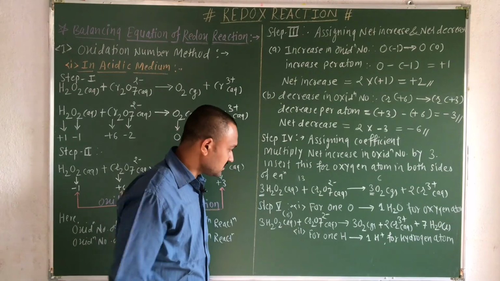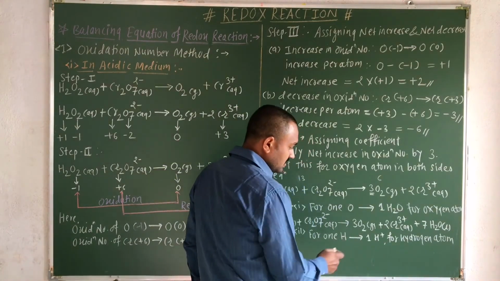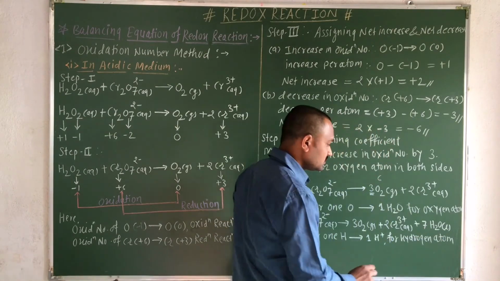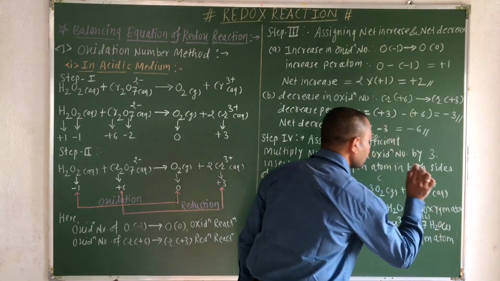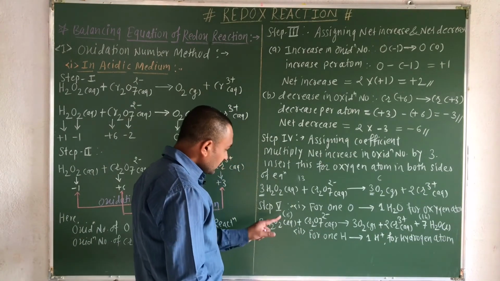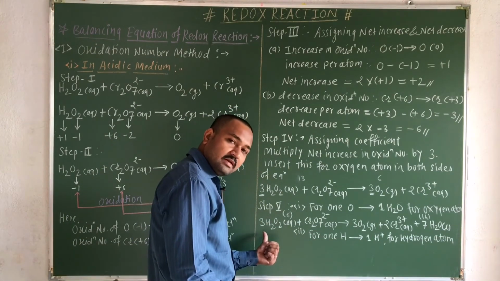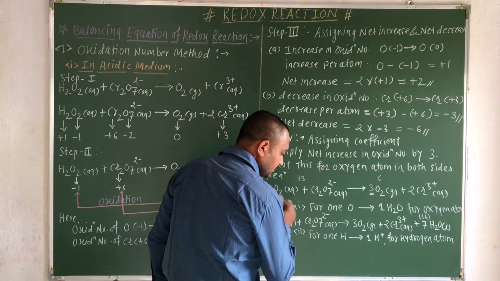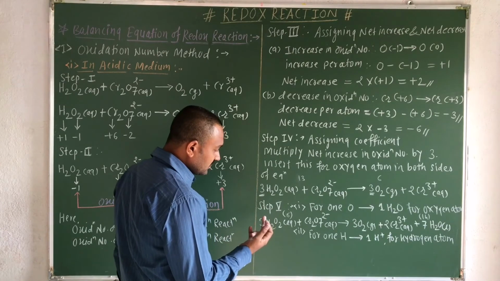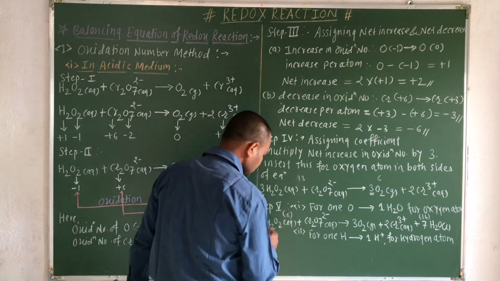On the right, 7 into 2, so 14 hydrogen atoms. On which side are the hydrogen atoms fewer? The left hand side. How many are fewer? 8 hydrogen atoms are fewer.